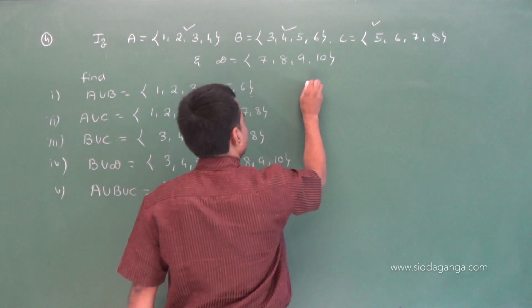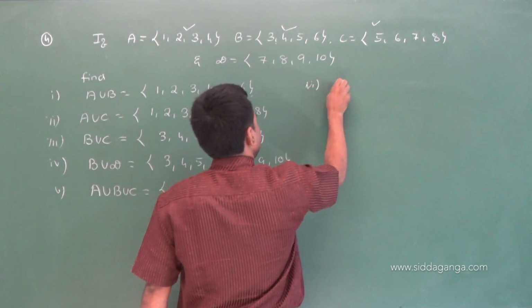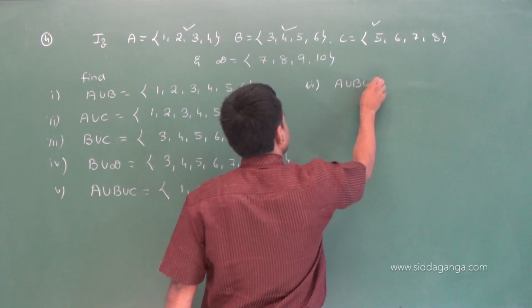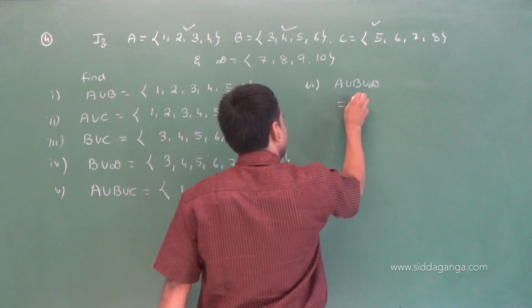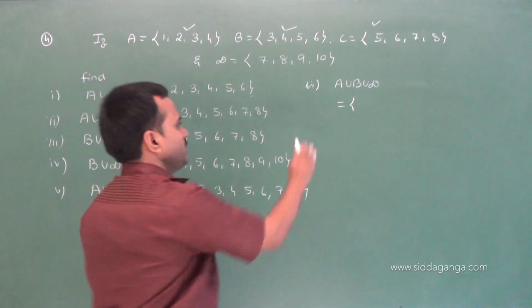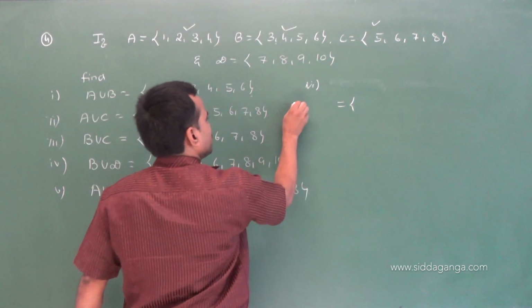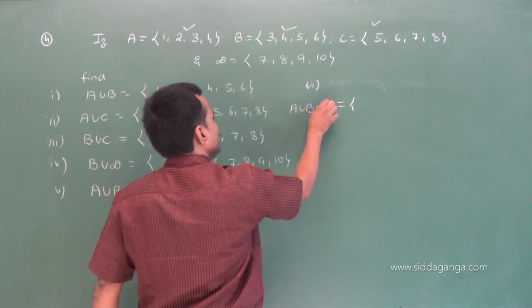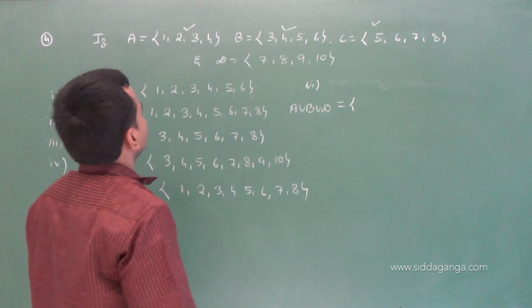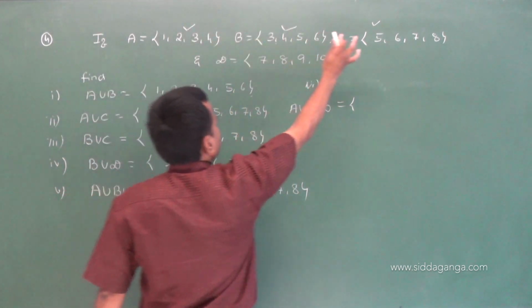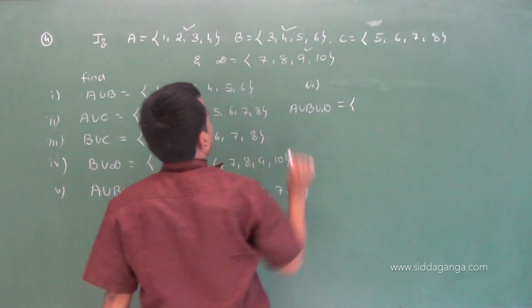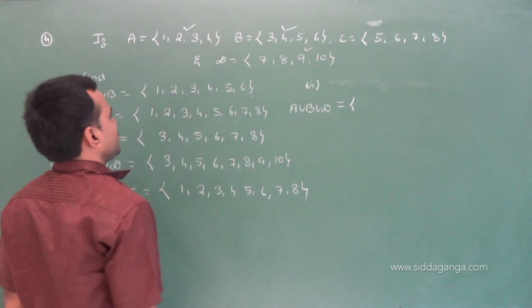Next one, problem number six: A union B union D. Combining these three sets.